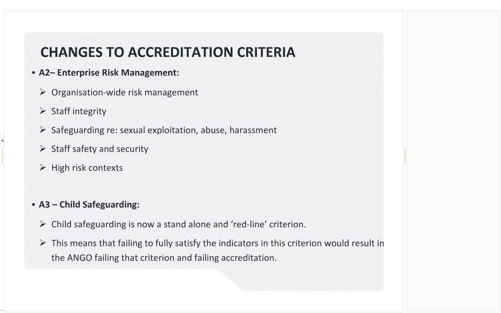So essentially this criterion asks that an organisation has a child protection policy that's compliant with the DFAT policy, similarly that it has procedures in place that fully comply with DFAT's policy, and additionally that the NGO has procedures to ensure that its partners have compliant child protection policy and practices.